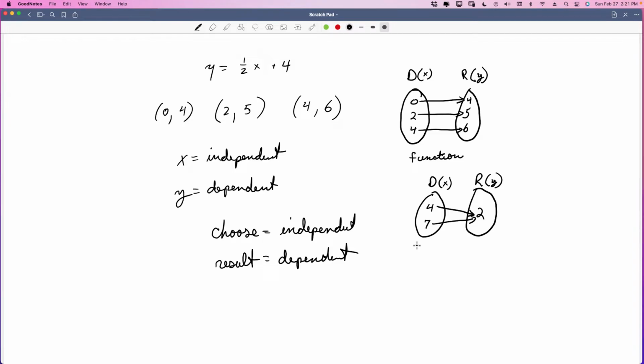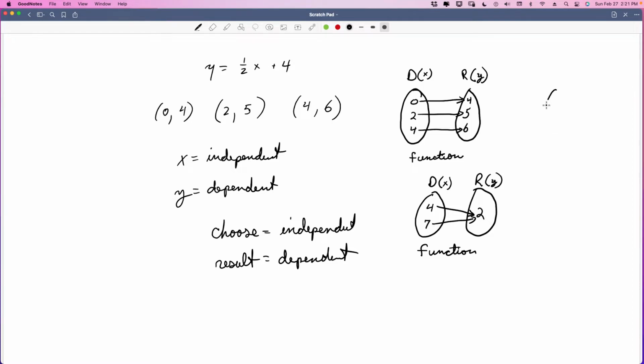Does that matter? No, it doesn't matter, because it's all about the x. The x, 4, still only has one y value, and that's 2. And the x, 7, still only has one y value, and that's 2.